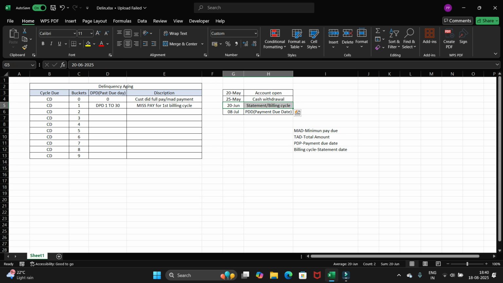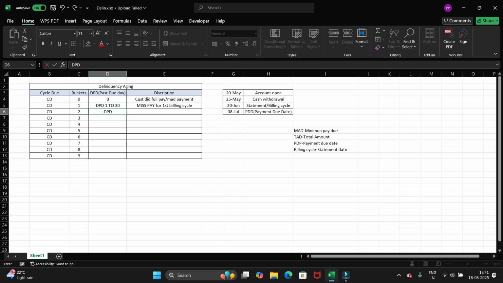My billing cycle is 20th June and my PDD is 8th of July. So till 8th of July, if I did not make payment, in that case my account will be marked as delinquent for CD1.